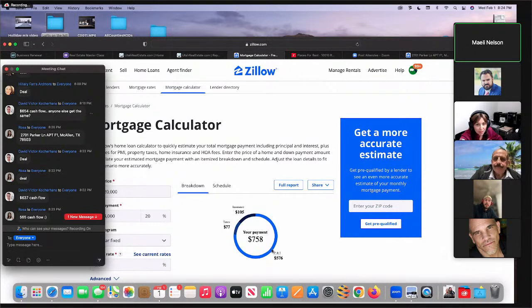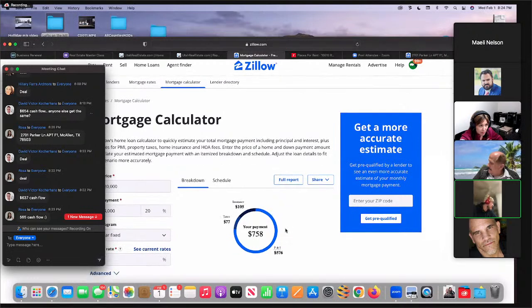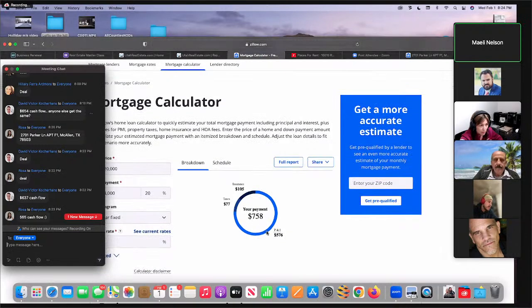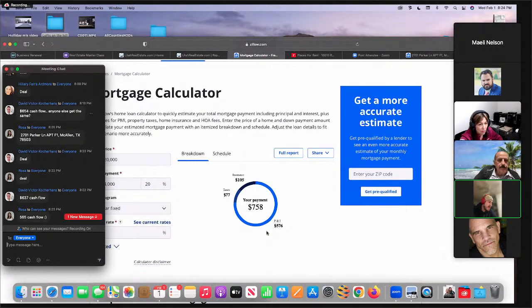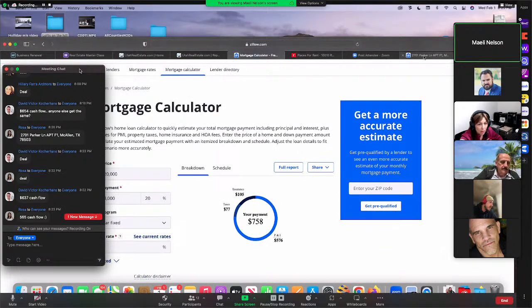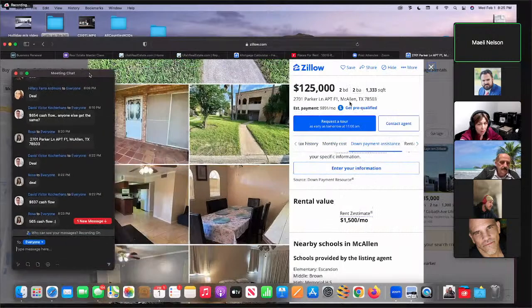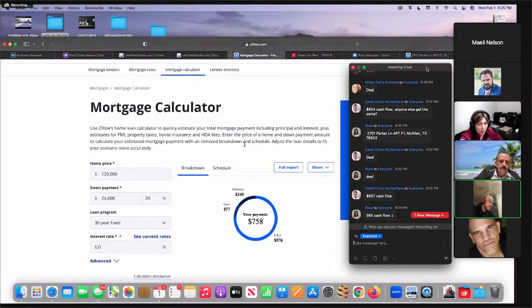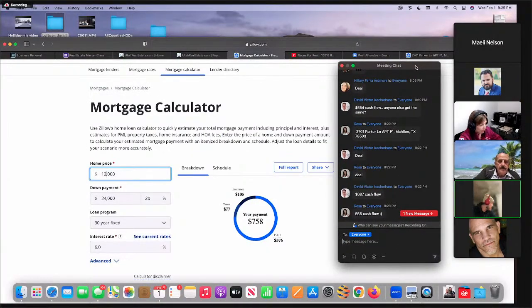So say that again, what was the mortgage payment? The monthly payment is 785. Then we add 10% to that. Where'd you get 785? It's 125,000 on the home price. Is that right? Oh, I thought it was 120. That's what I did wrong. Sorry. It's 125. Gotcha. Payment comes to 785.